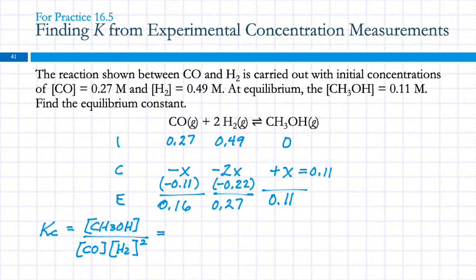So then this is the equilibrium concentration for CH3OH. So I put that in there, 0.11. And the equilibrium concentration of CO is 0.16.